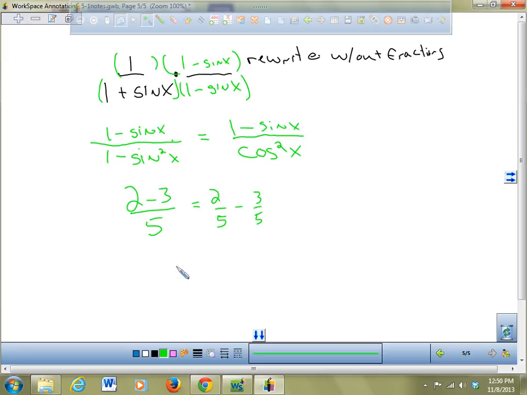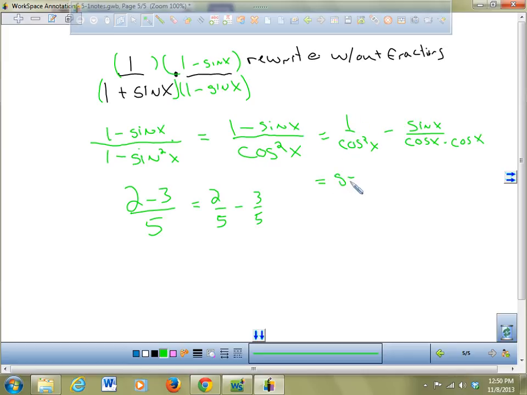So I could write this as 1 over cosine squared x minus sine of x, and instead of writing this as cosine squared x, I'm going to write it as cosine x times cosine x. Why would I do that? What's this equal to?